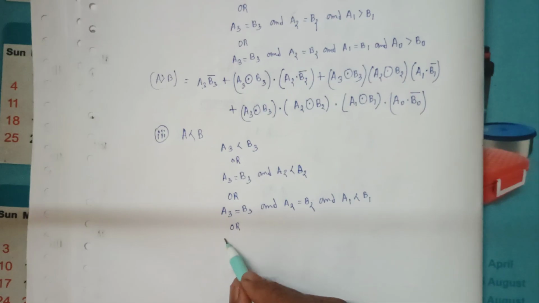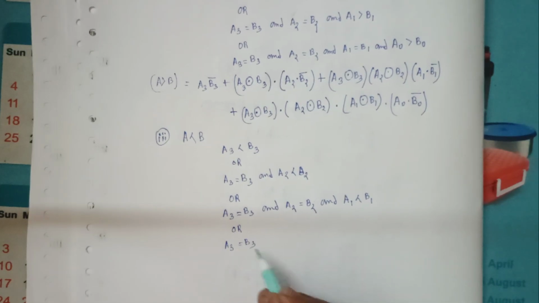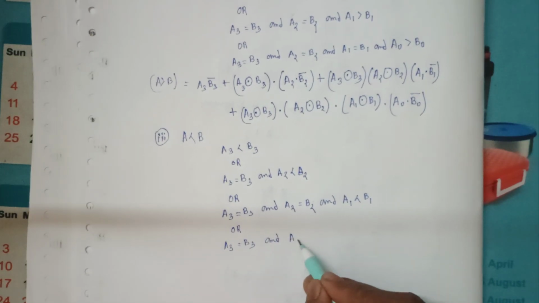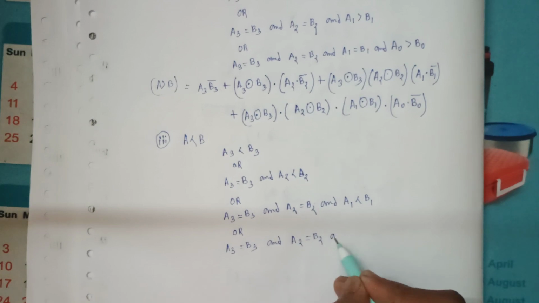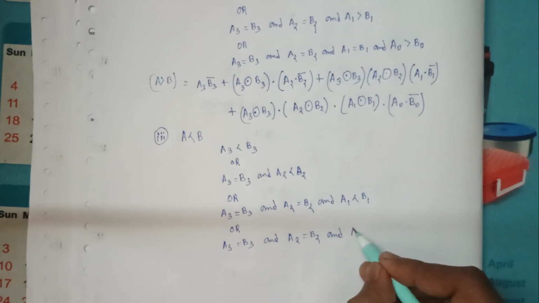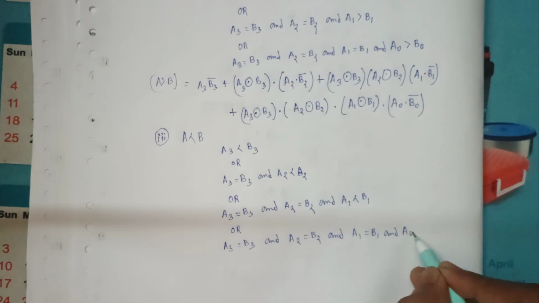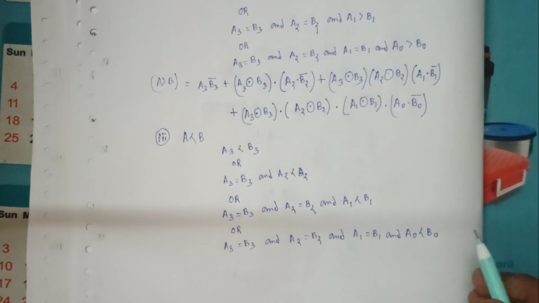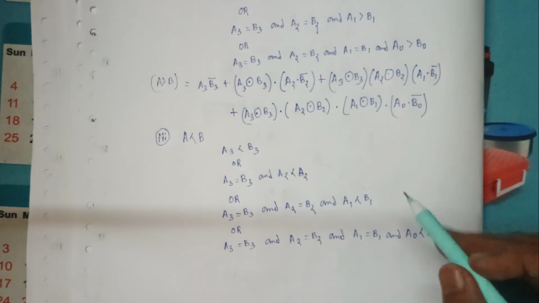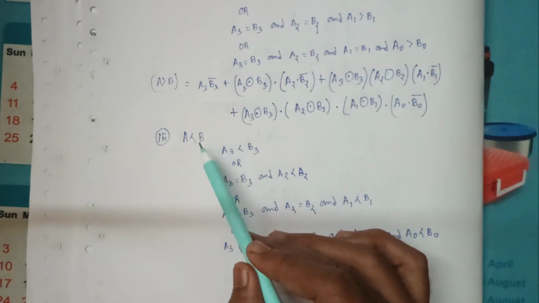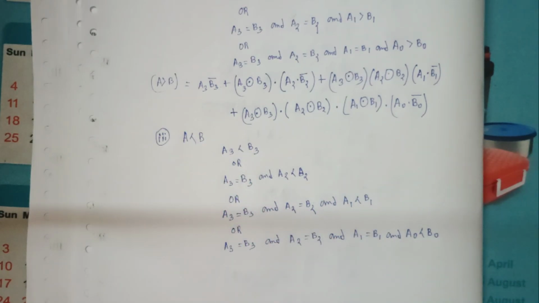Or if A3 equals B3 and A2 equals B2 and A1 equals B1 and A0 is less than B0. So for all these conditions, this will be satisfied, right?